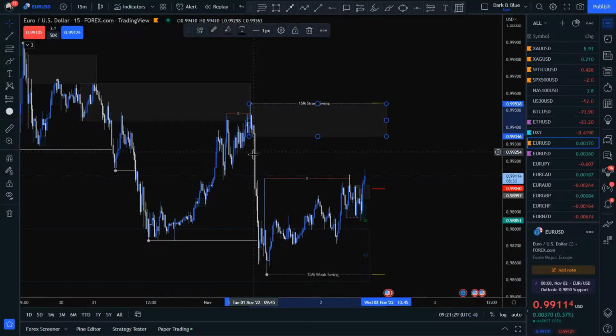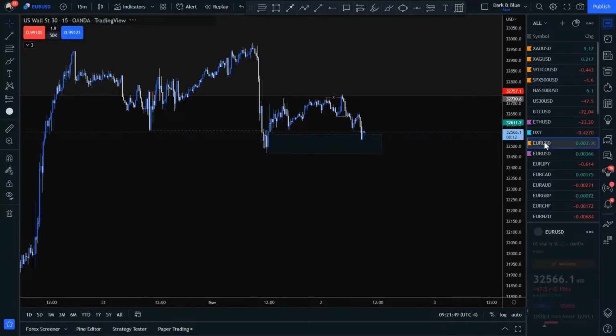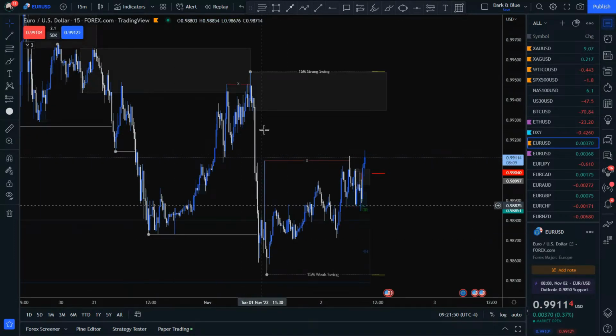Fill in this imbalance here after a break of structure. You see how similar the Euro USD looks to the Dow? Break of structure, price pulled up. Break of structure, price pulled up.